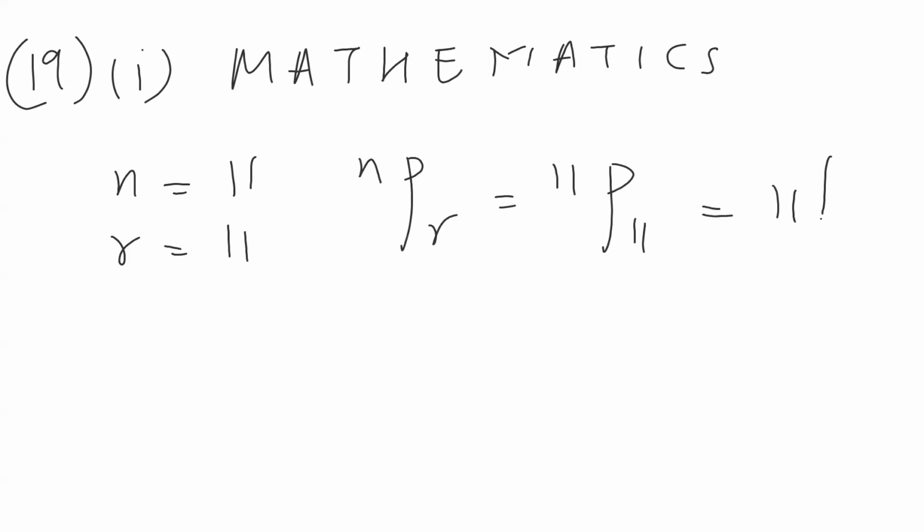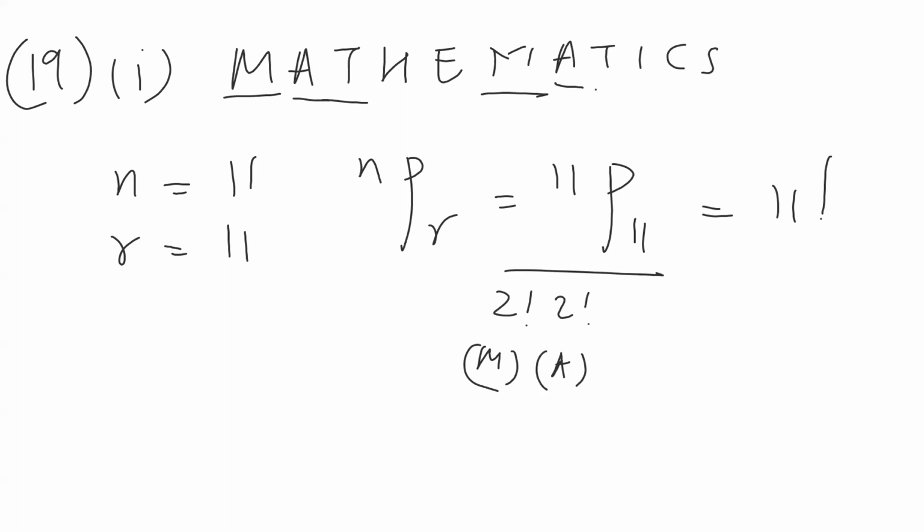But then M is getting repeated twice, A is getting repeated twice, T is getting repeated twice. So this will be 11 factorial upon 2 factorial, 2 factorial, 2 factorial. Basic part of the problem without any condition. But then some objects are repeated, hence I'm taking that thing.